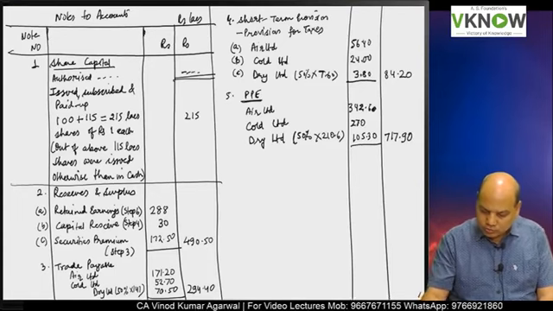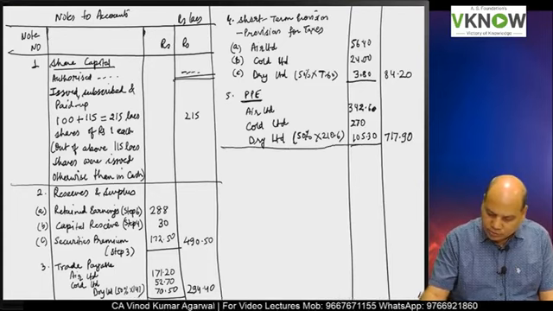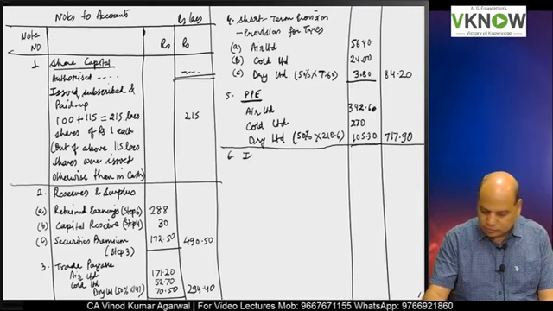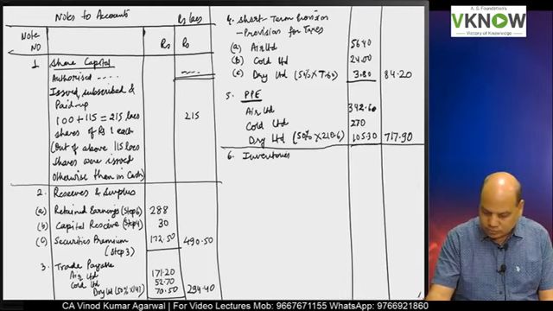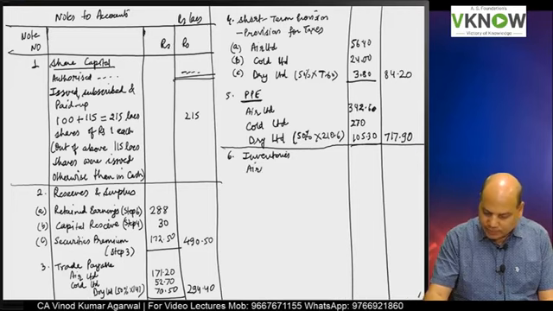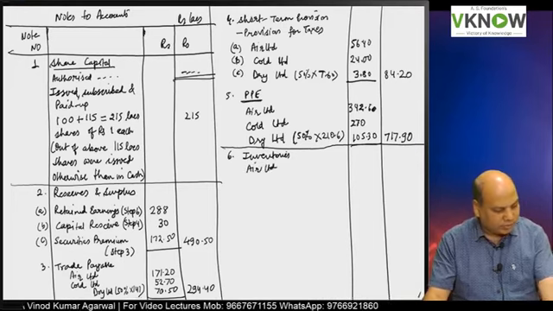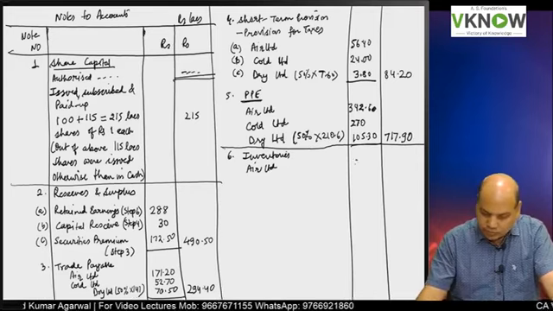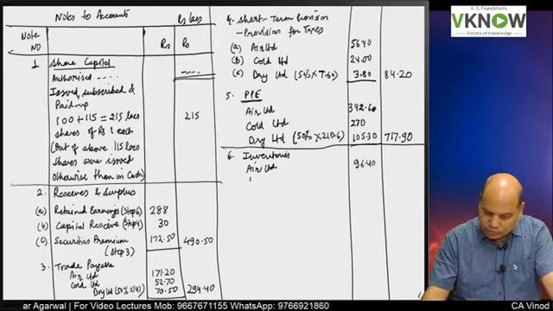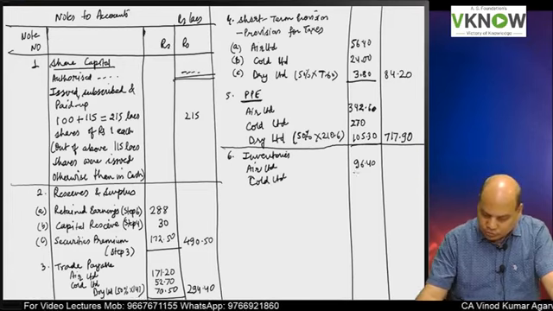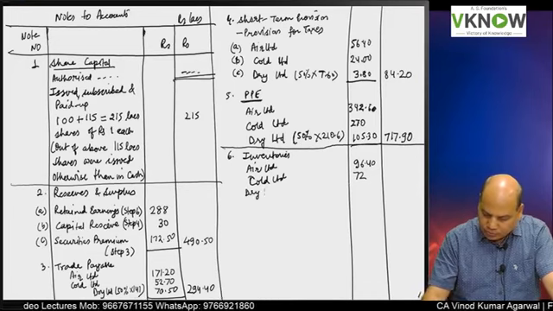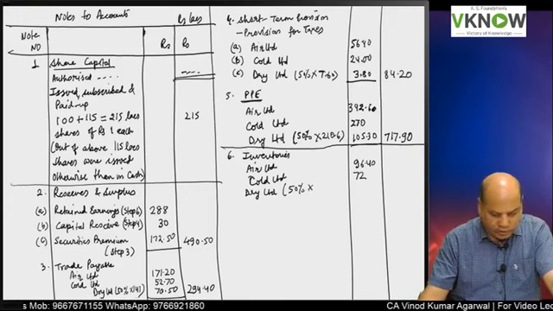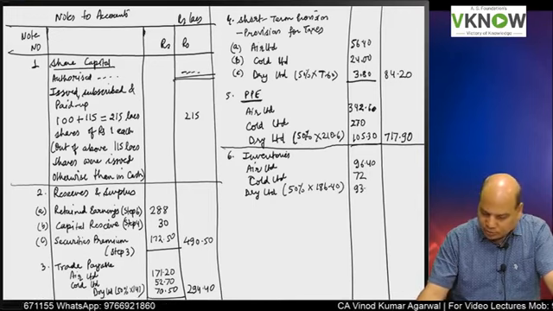Then we'll come to note number 6, inventories. Air Limited 96.4, Cold Limited full 72, Dry Limited 50% of 186.4, 93.20.